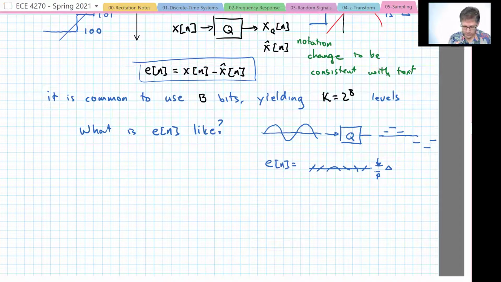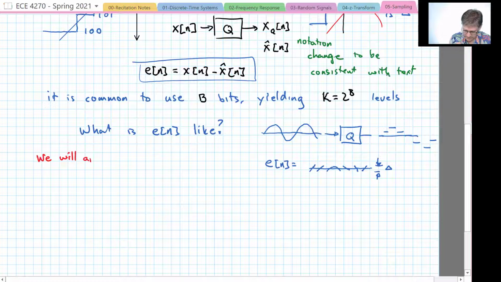So, being true engineers, the first thing we're going to do is metaphorically stick our head in the sand, and we're going to approximate e of n as white noise.